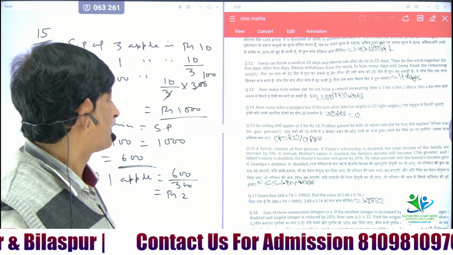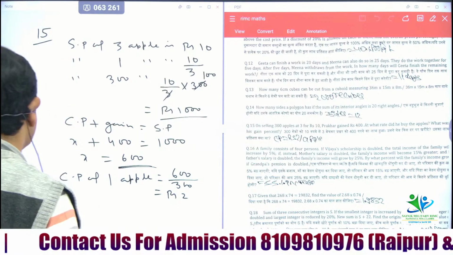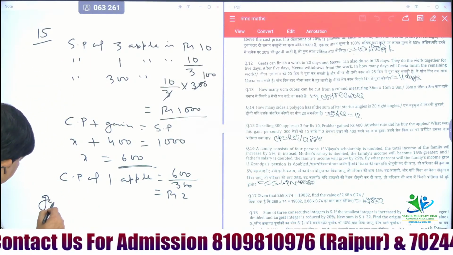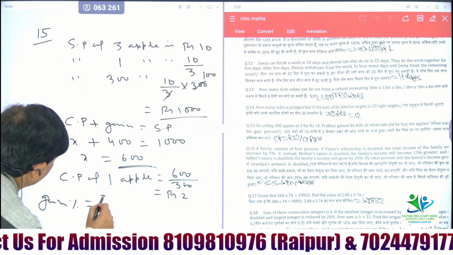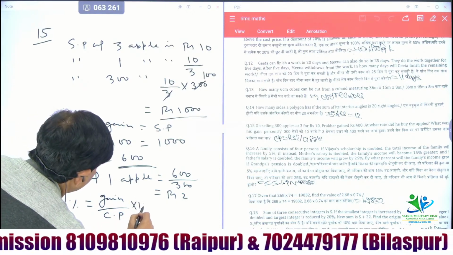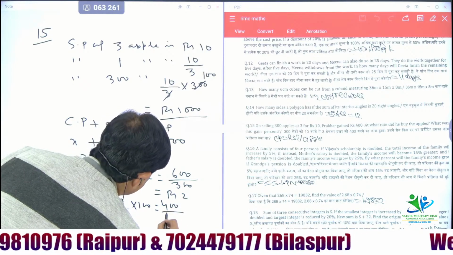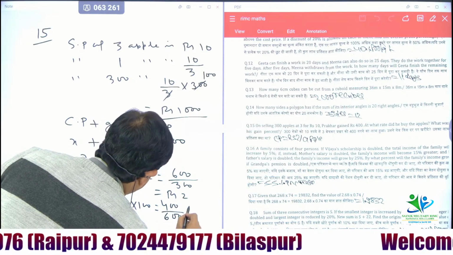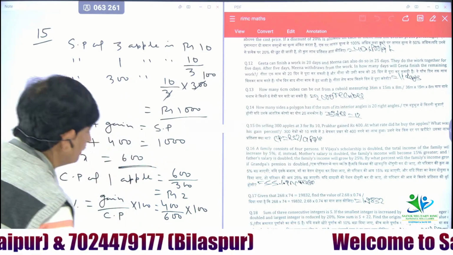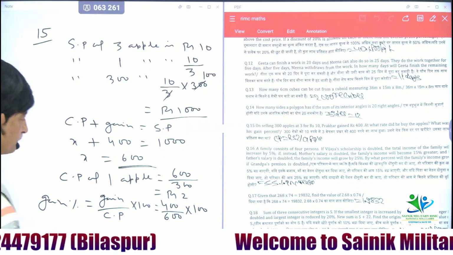Now, also you have to find the gain percent. For finding the gain percent, you know that gain by CP into 100. Here gain is 400, CP is 600 into 100. Always you have to calculate the gain percent or loss percent on the CP.